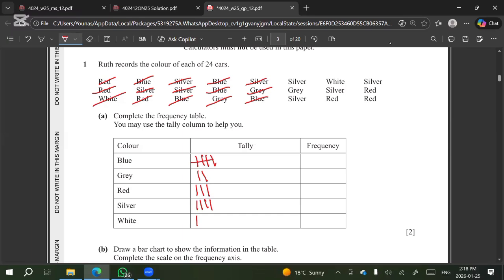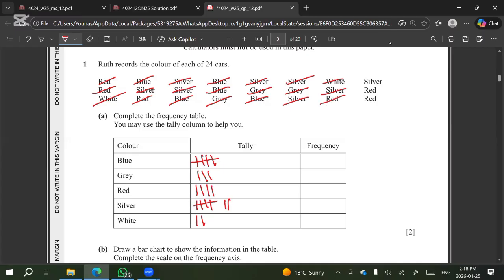The fifth one is always put like this. Then we have silver. Silver will be like, the fifth one is like this. The gray one, the gray, the third tally. Silver. Now I'll put here. White. The white, I put a tally in the white. Silver. I put a tally here. Red.